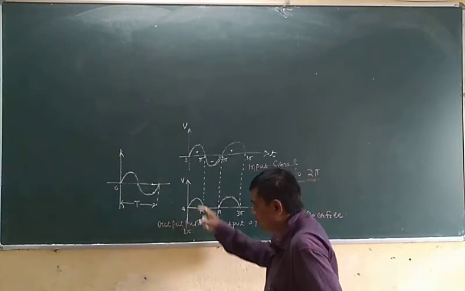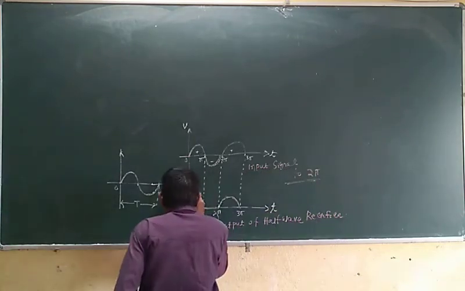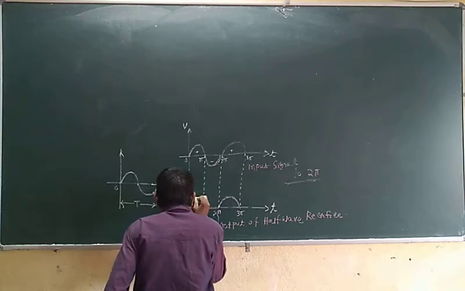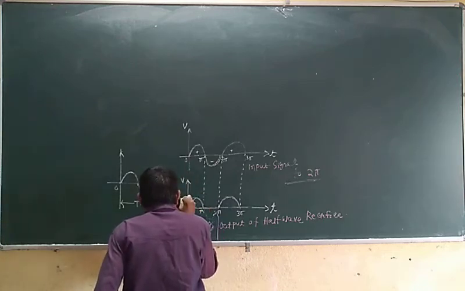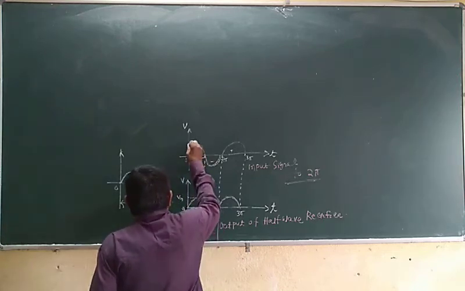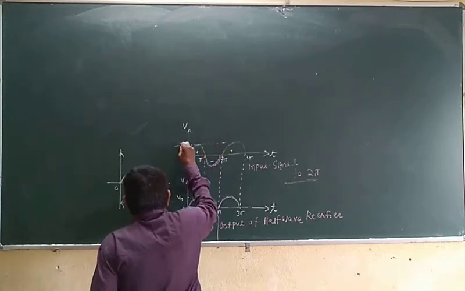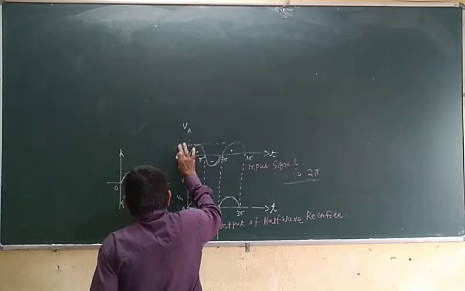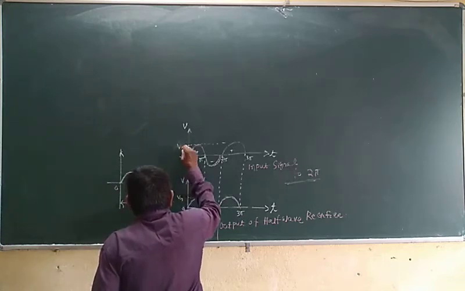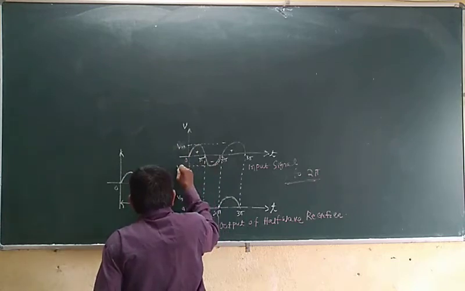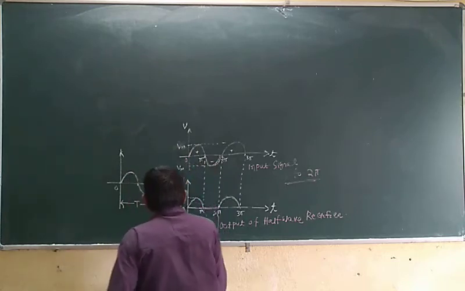This is the maximum point, known as the maximum voltage, Vm. The negative side is minus Vm, the negative Vm.